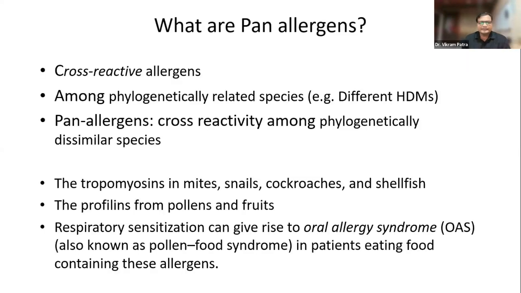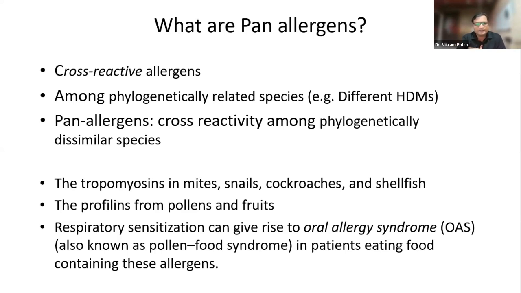What are pan allergens? These are basically cross-reactive allergens. Among phylogenetically related species, different house dust mites, different pollens, these pan allergens show cross-reactivity, even among phylogenetically dissimilar species. So among house dust mites, there will be cross-reactivity between Dermatophagoides farinae and pteronyssinus, but they will also have cross reactions with dissimilar species, like we know about tropomyosin. Similar is the case for profilins.